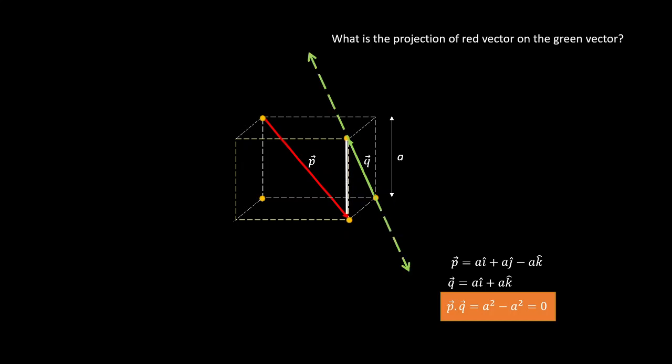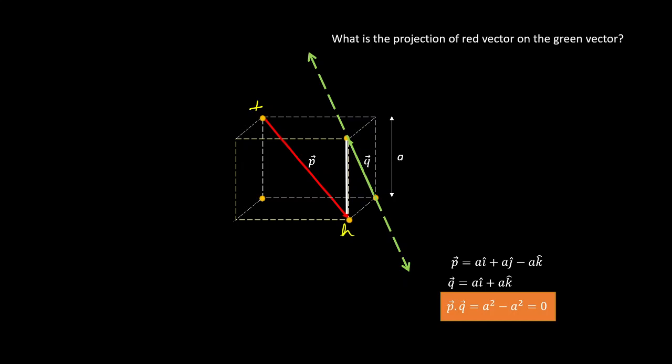So let's try to see it geometrically. If we are taking the projection, we will turn the green vector into a screen, into an infinite line, and then we will think about the lines which are perpendicular from the tail and from the head of the red vector. Let's think about the head first.